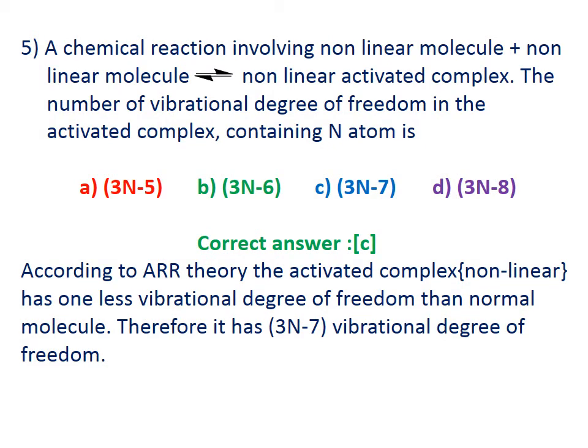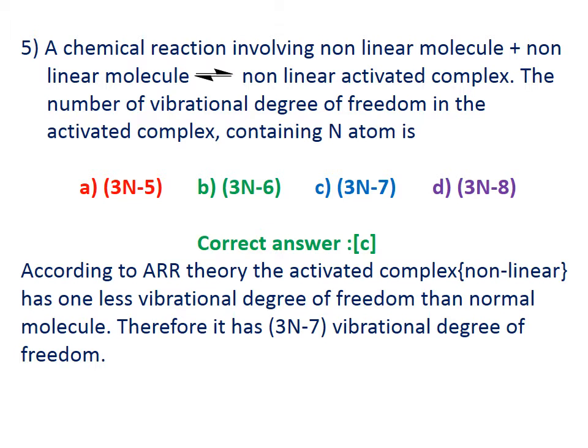A chemical reaction involving a non-linear molecule plus a non-linear molecule gives a non-linear activated complex. The number of vibrational degrees of freedom in the activated complex containing N atoms is? The correct answer is C, 3N minus 7.